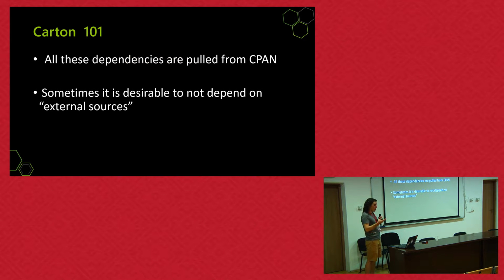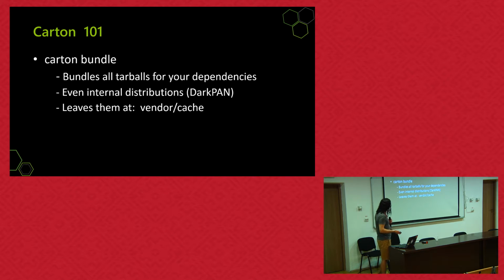Now, as you might know, sometimes there are scenarios in which it's not desirable to depend on an external source, such as a server or a bunch of servers sitting somewhere on the internet. In this situation, you can use the bundle command of Carton, which would effectively bundle all the tarballs for your dependencies and leave them in a specific directory, which is vendor/cache. And that's how it would look.